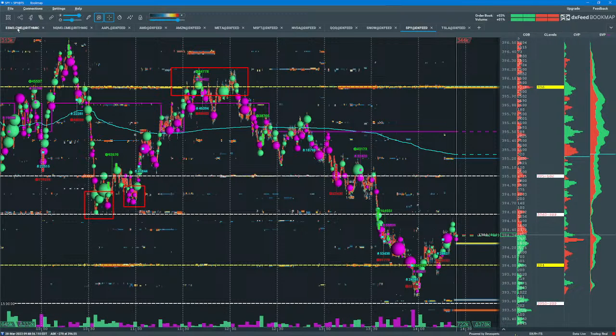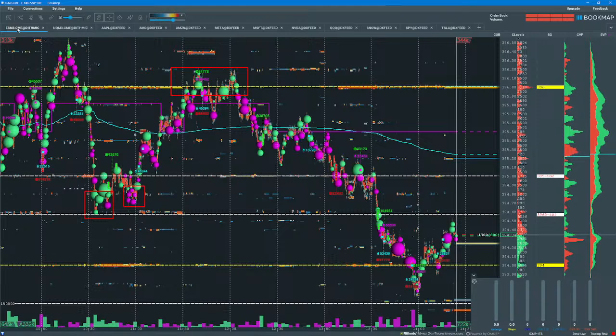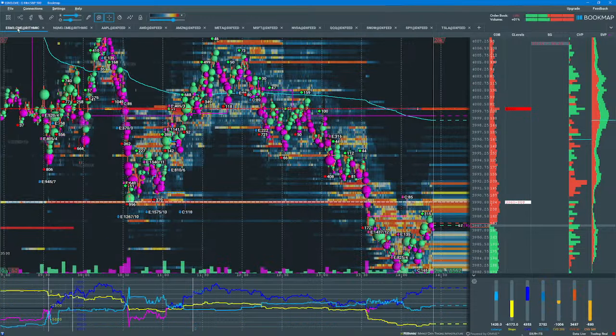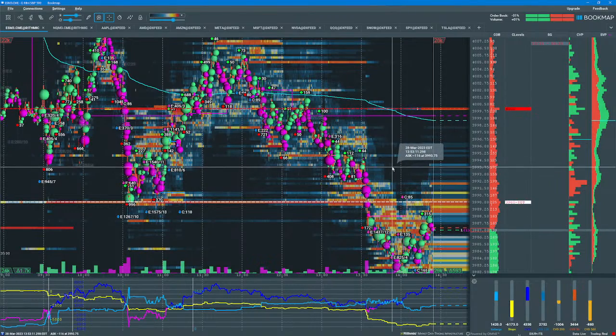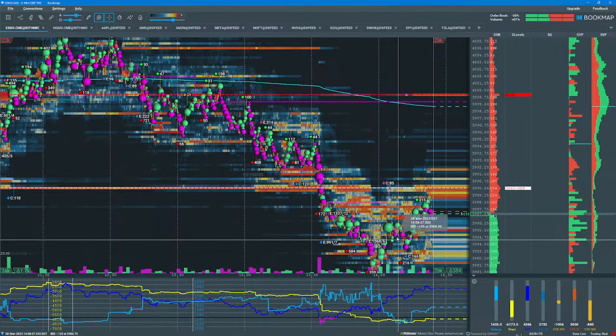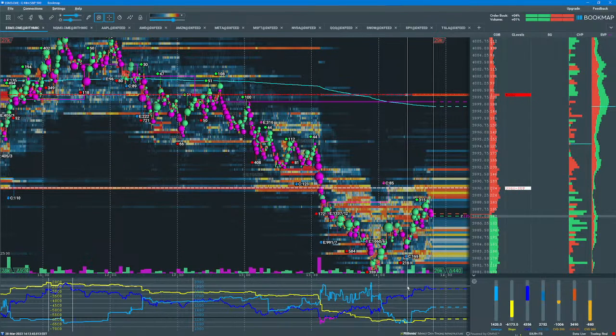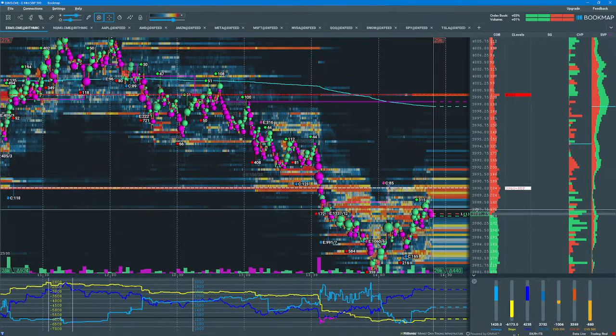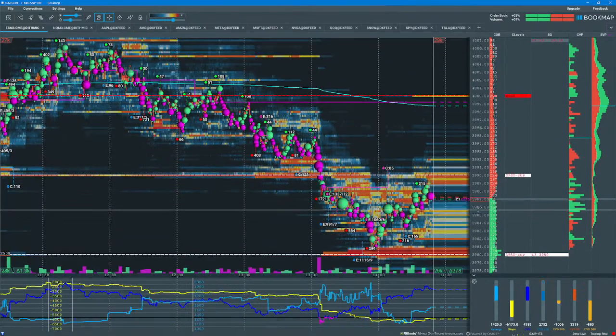We'll take a look at the S&P 500 futures, ES. So shift in order flow, a lot of green dots coming in, rising CVD, but it looks like so far not a lot of conviction with larger traders.